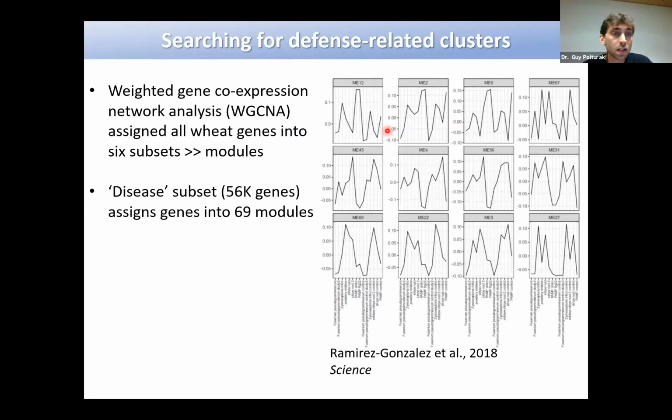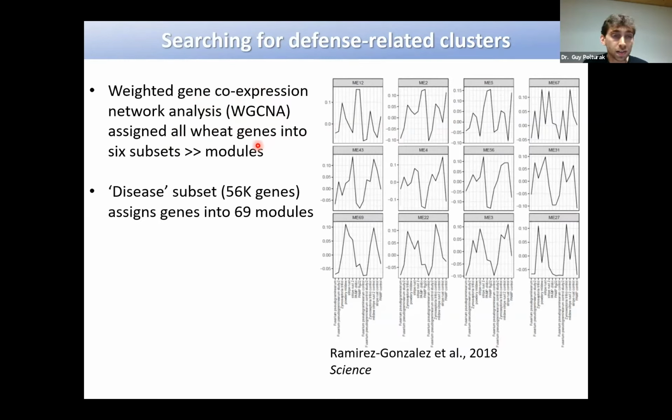So in our project, we used the previously published co-expression network analysis, which is based on a collection of multiple RNA-seq data sets from wheat. And this analysis assigned all of the wheat genes into 6 subsets, and each subset into multiple modules based on the gene expression.